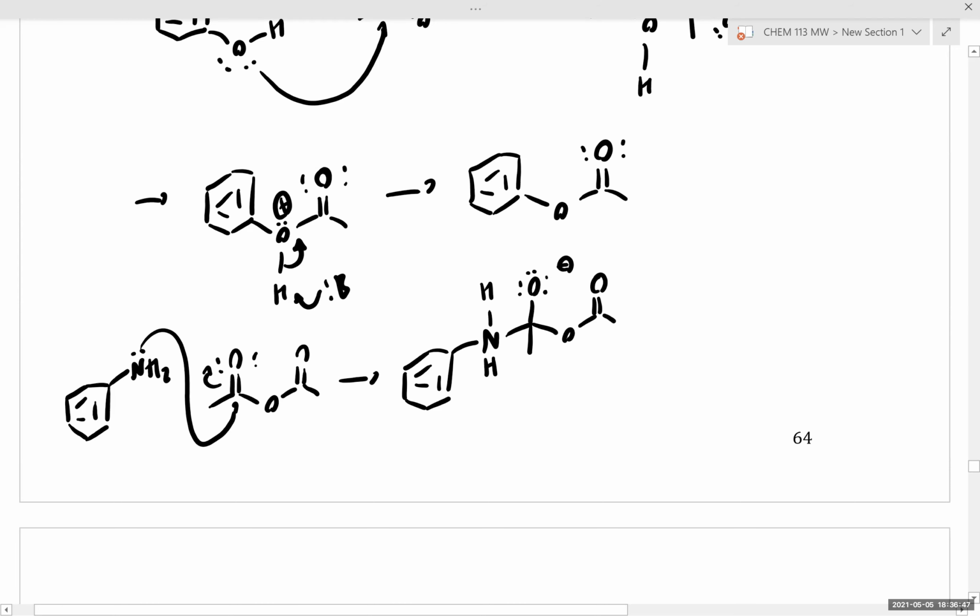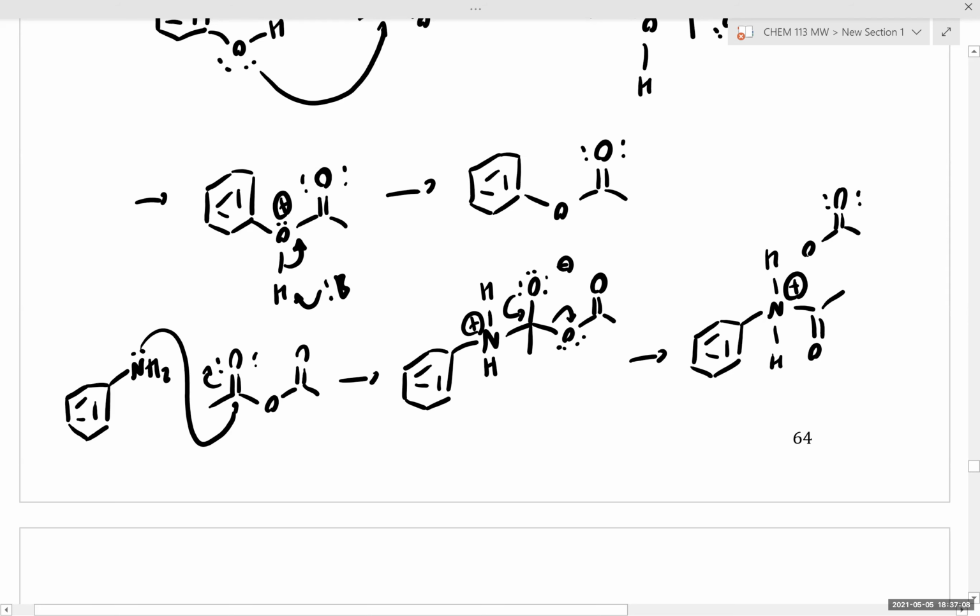Okay, so once we have a tetrahedral intermediate, again, we're going to kick out our leaving group, which is the acetate ion. And then as a last cleanup step, our base, which in many cases is going to be the acetate ion, is going to pull off a proton.